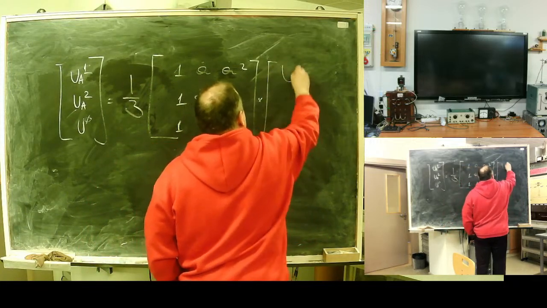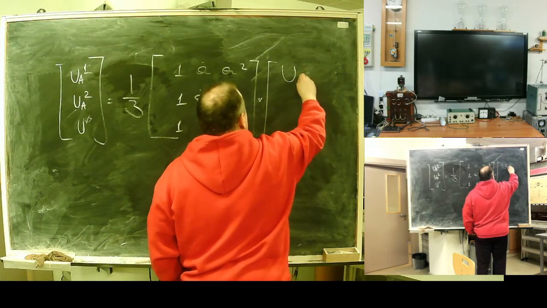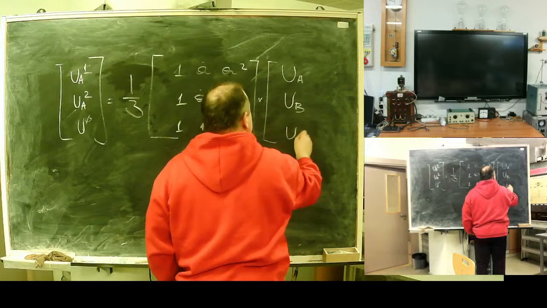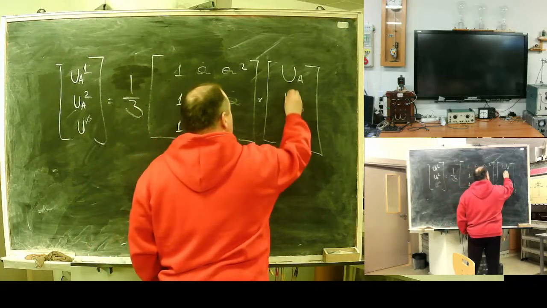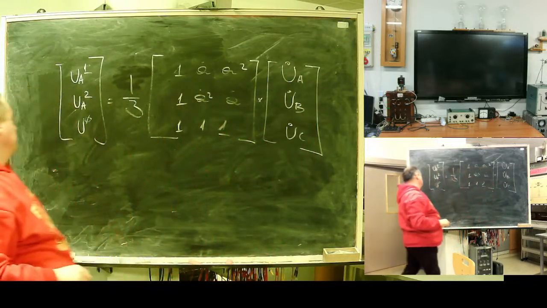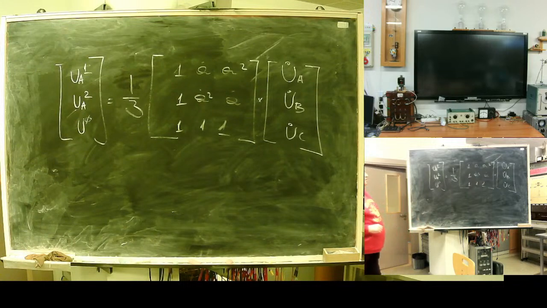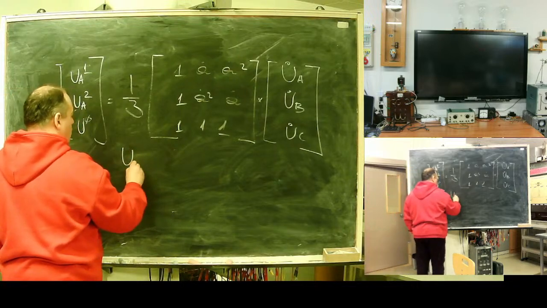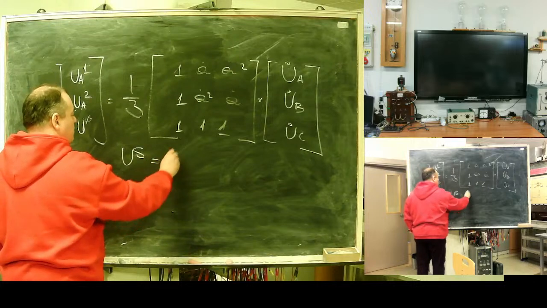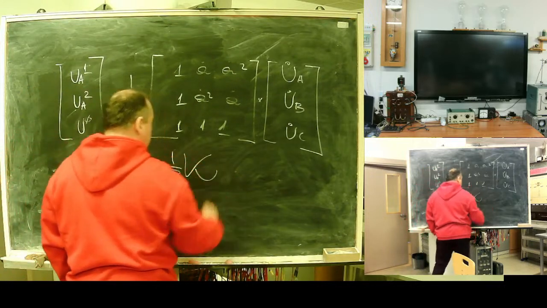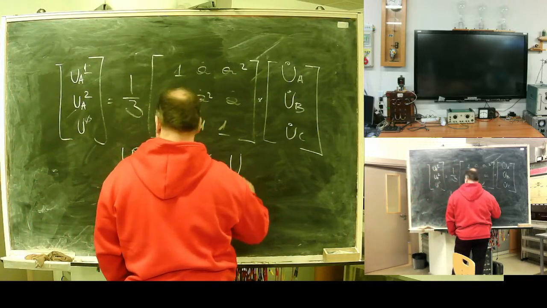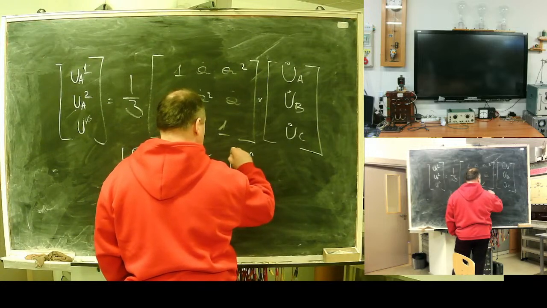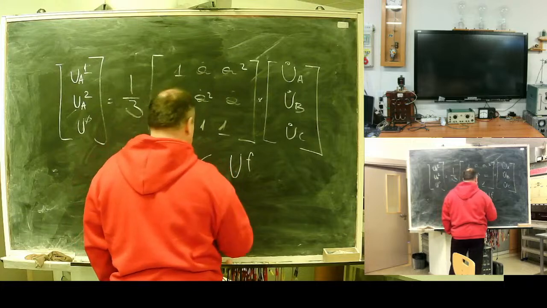multiplied by the phase voltages. Here is transformation formula for voltage: U in sequence equals 1/3 transform matrix of Fortescue, times U in phase coordinates.